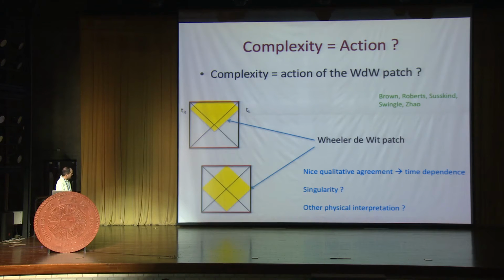For example, evaluating this action involves getting close to a singularity here, where we cannot trust the classical gravity action anymore, or at least the two-derivative action anymore. And these formulas assume that there is no big contribution coming from here. And maybe we need to understand, including the stringy corrections, whether indeed this is true or not. I mean, this action certainly is an interesting quantity. Maybe it has some other physical interpretation, but this is certainly an interesting interpretation for this action.